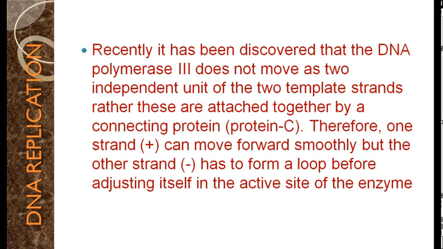To accommodate itself in this complex enzyme, the minus strand forms a loop-like structure, separates from the enzyme, moves around it, then enters into the enzyme and replicates for a short distance. Again, it separates, moves around, forms another loop, and then again enters into the enzyme and forms the complementary strand.